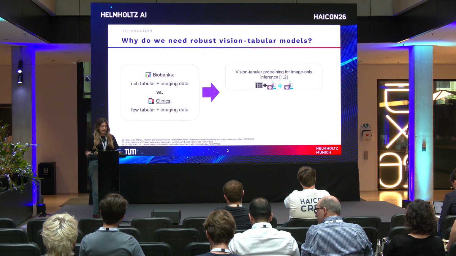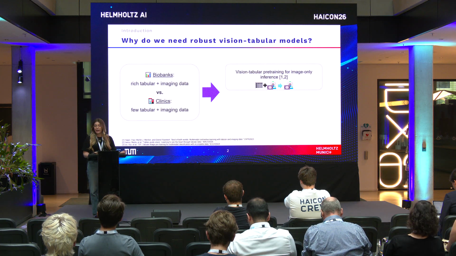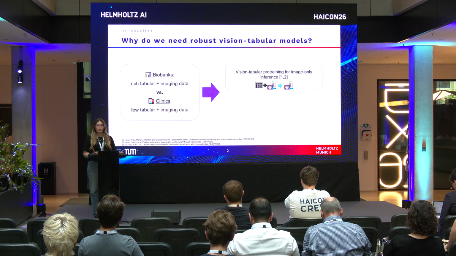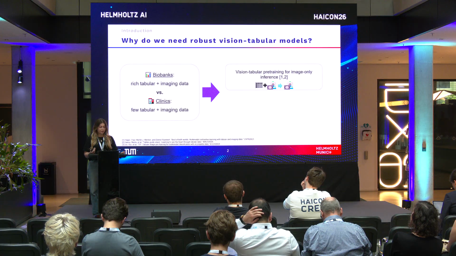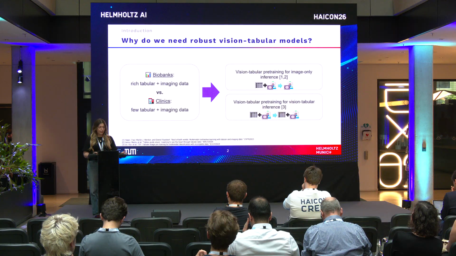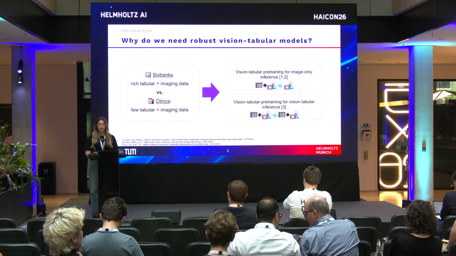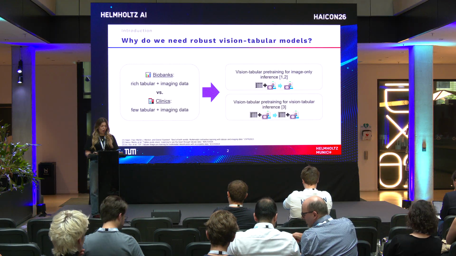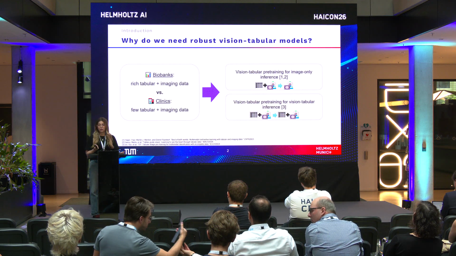The first one is where the methods try to use both the tabular data and images at pre-training and do some sort of knowledge transfer, so that you can transfer some information from the tabular data into your imaging encoder and then do inference using only images. Then the second area would be using also Vision-Tabular pre-training, but also for Vision-Tabular inference. But in this case, you also need to adapt to the missingness and uncertainty of tabular data availability, which is not really the case in the first method, because you simply use images.